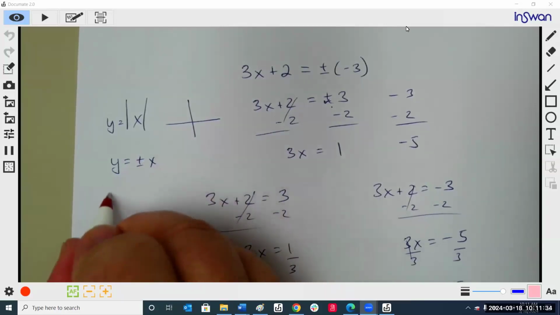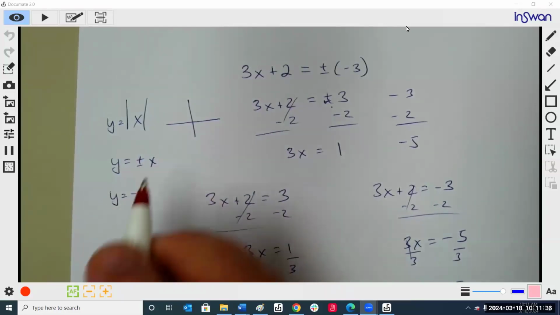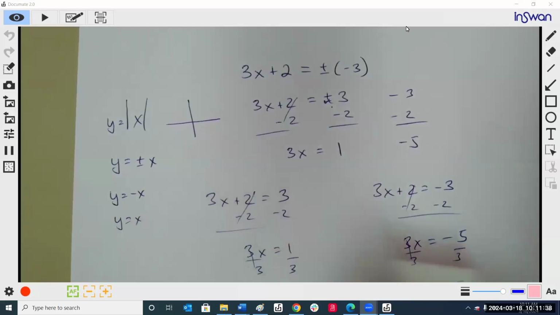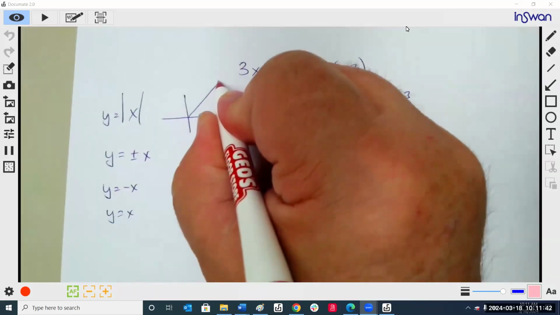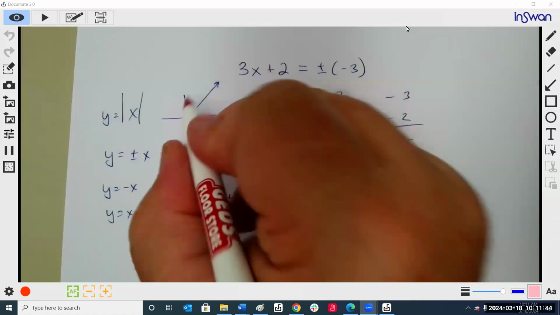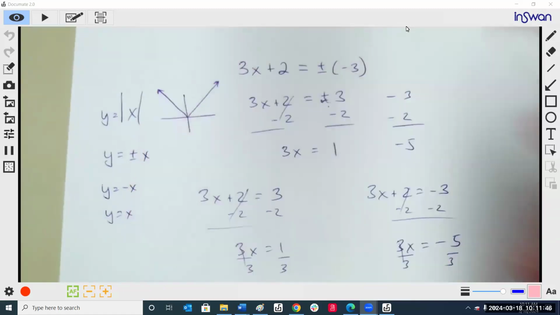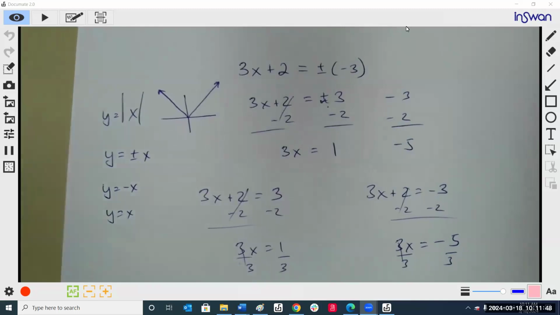So we have two parts: y equals -x and y equals positive x. Positive x is a slope like that. Negative x is a downward slope. So it's the V. Again, back to the thing I told you a month ago: the sooner you memorize the library of functions, the easier the stuff becomes.